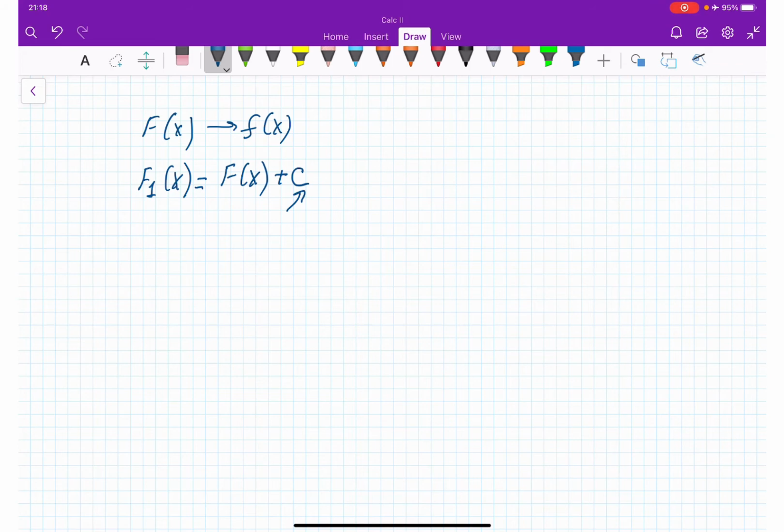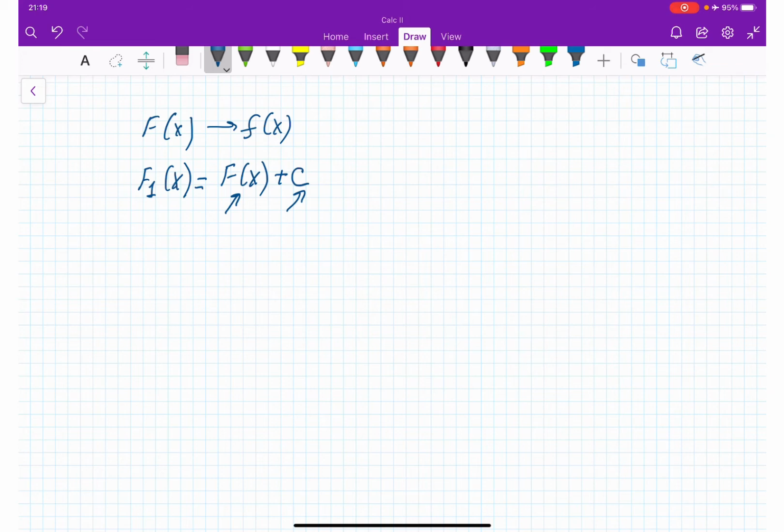Why any? Because when we take a derivative of a constant, it's zero, right? Now when we are going backwards, we have no idea what constant is there or could be, right? Therefore, we say this constant can be anything because we don't know. And it's a part of the antiderivative function, which is F of x.